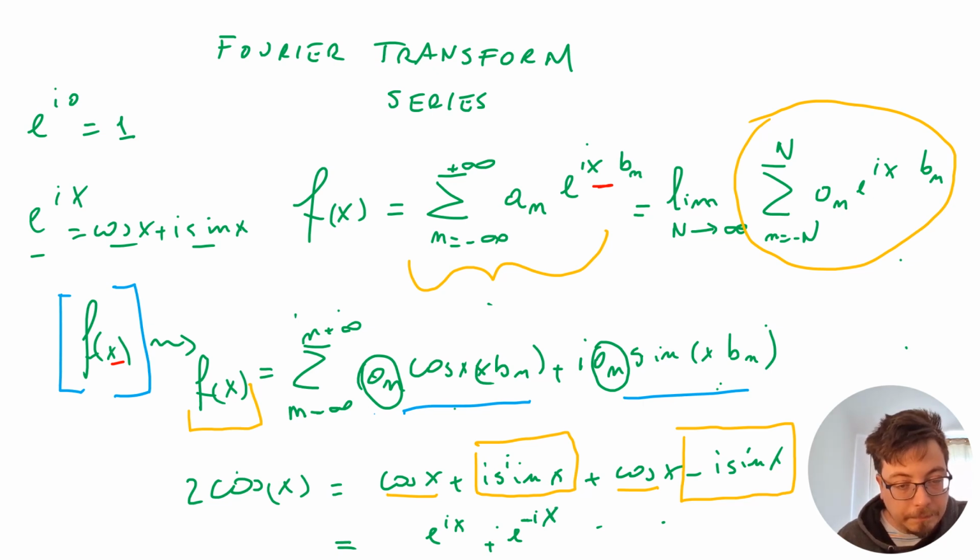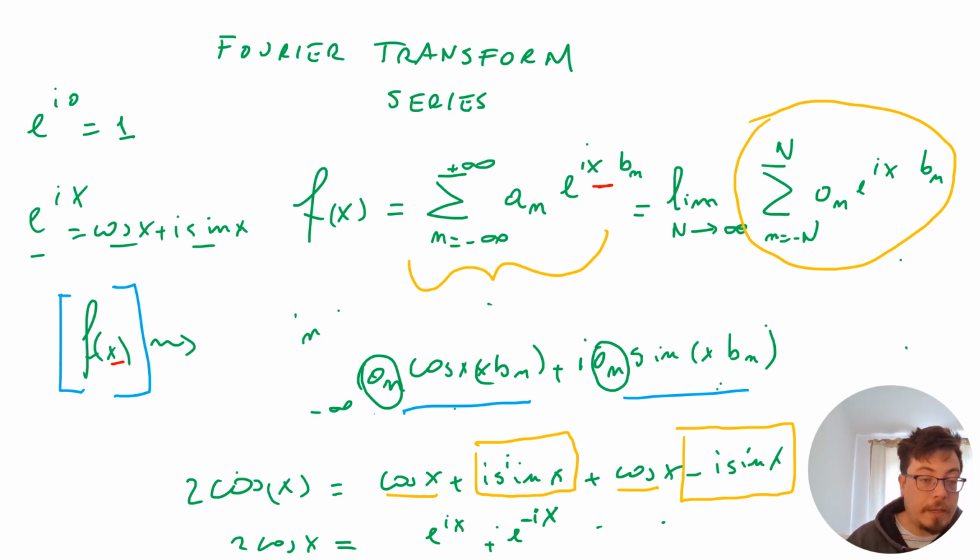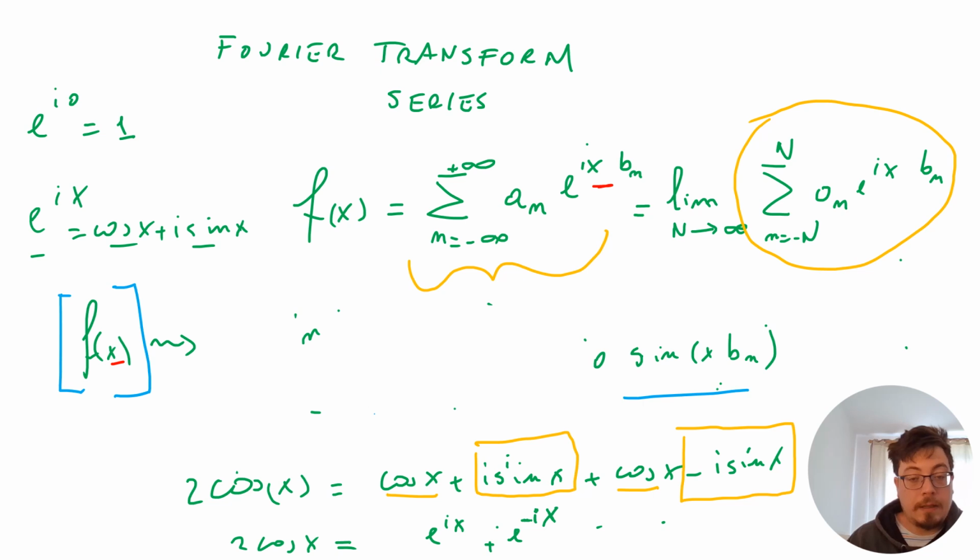And then there is a 2 here. Okay, so long story short, we can see that this has the shape of a Fourier transform.